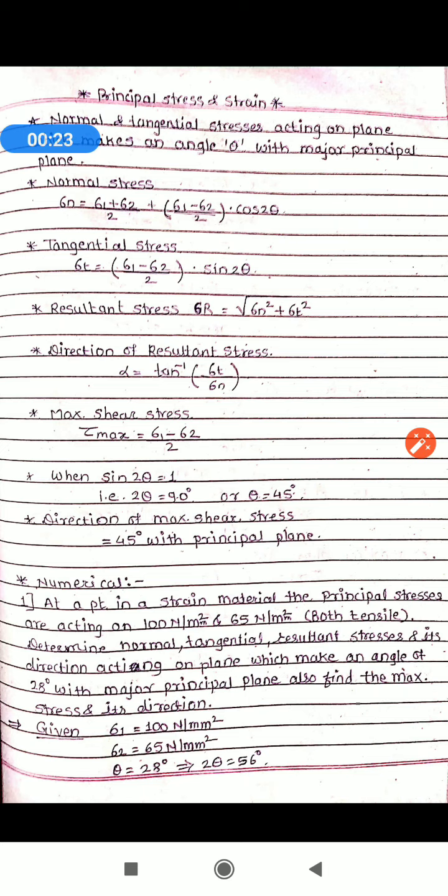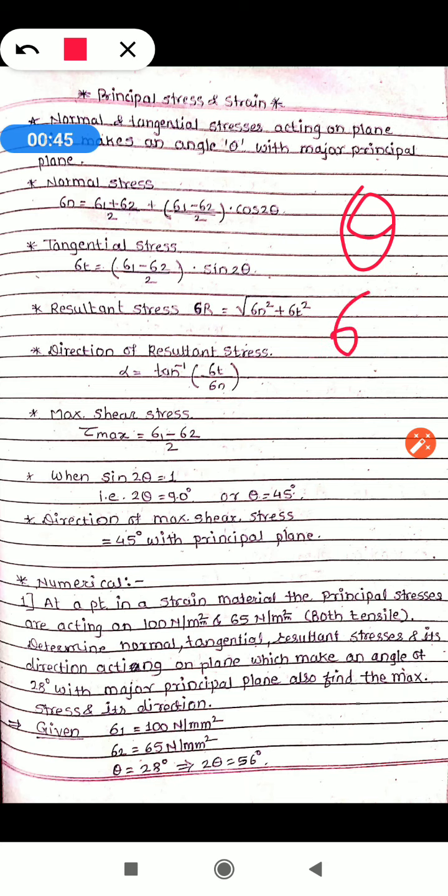In this new topic, principal stress and strain, the first one is the normal and tangential stress acting on a plane. It makes an angle theta with the major principal plane. To find the normal stress, the abbreviation is sigma n.